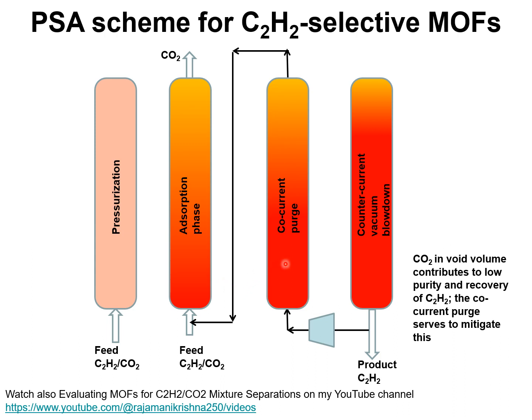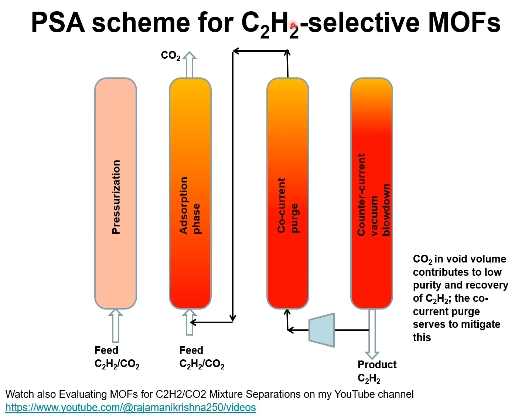Following the co-current purge, we have a countercurrent vacuum blowdown in which the desired product C2H2 is withdrawn. Any CO2 remaining in the void volume will contribute to low purity of the product, and that is the reason we have the co-current rinse or co-current purge step.